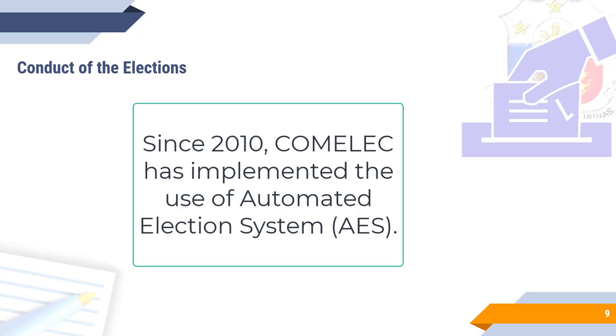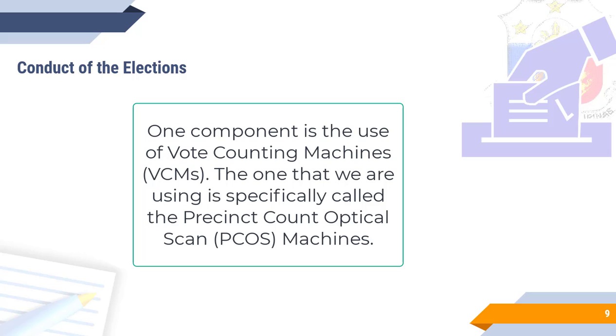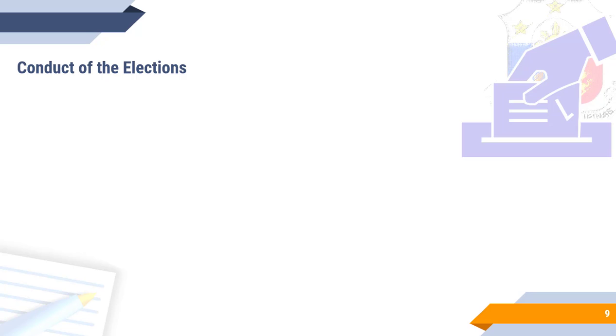The AES has several components. One of these is the vote counting machines, or VCMs, which are also known as the precinct count optical scan, or PCOS, machines. Automated elections are expected to result in faster and more accurate vote counting in contrast to traditional procedures we have been using previously.